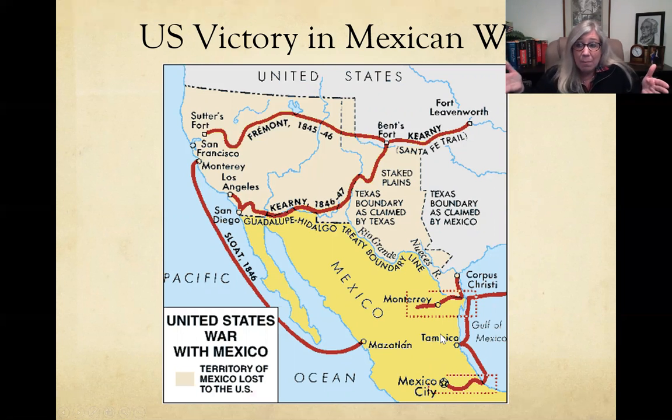So by the time of the surrender of Mexico, all of this is in the possession of the United States. The United States has used its military to secure everything from California east, all of Mexico through Mexico City, all the way down to Central America. Every bit of it is in the possession of the United States. Okay, so this was an overwhelming victory.